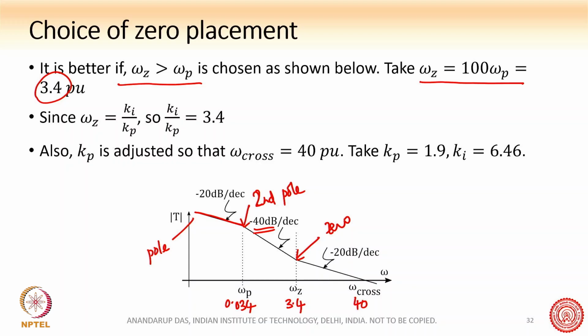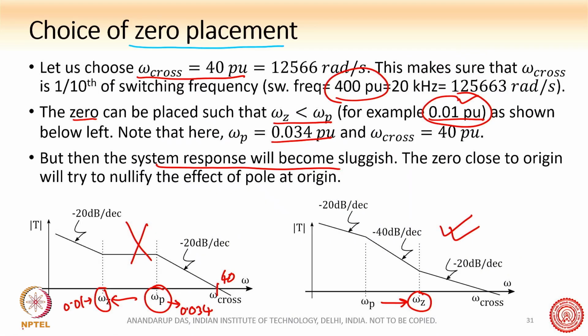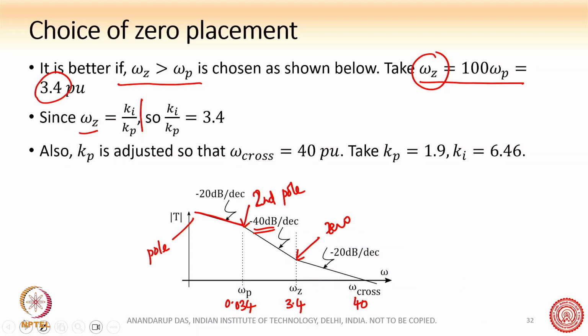Now we have chosen omega z to be 3.4 per unit, and omega z is equal to ki by kp, as you can see in this expression. So ki by kp will be 3.4. And again I have told you that we want the crossover frequency to be 40 per unit, so I want to adjust the value of kp.